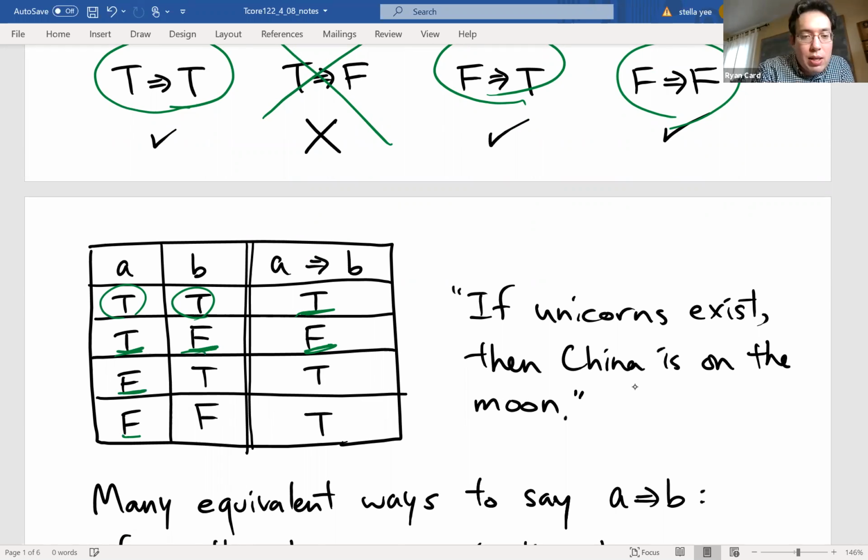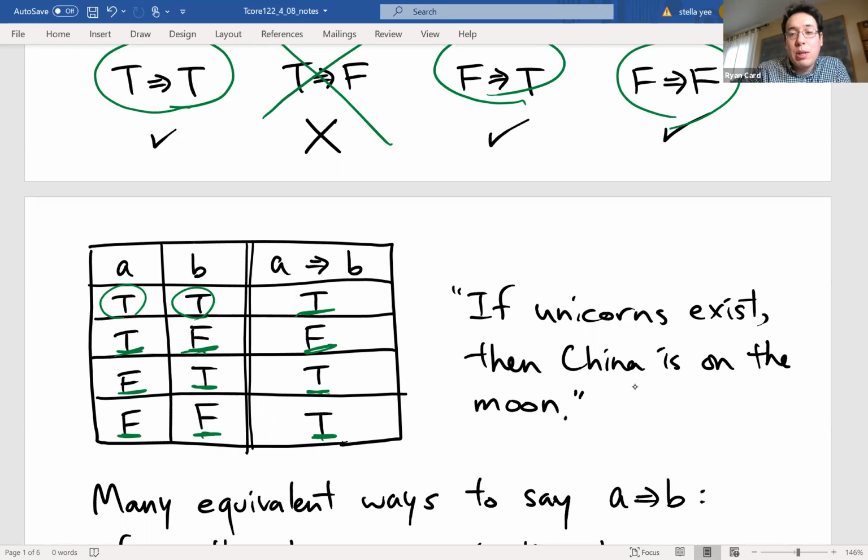If the first part of the implication is false, then you just get true. It doesn't really matter what the second part is saying. The only thing that matters here is the relationship between true and false, right? You just don't want the true statement to point towards a false statement.